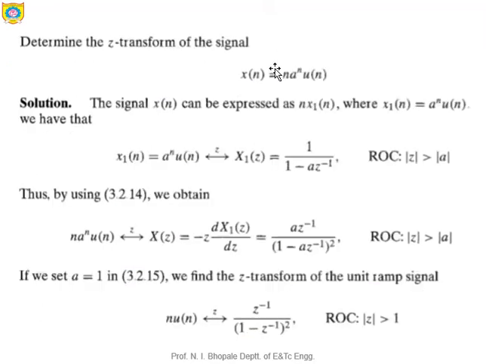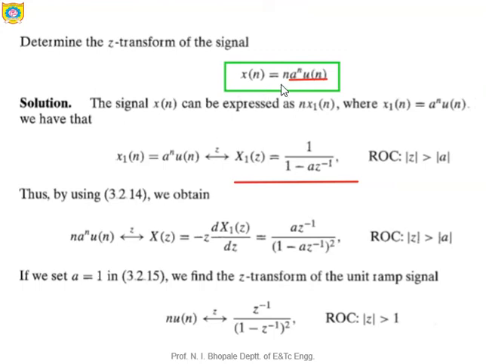Let's concentrate on the next example. This next example is concentrating on the z transform to be obtained for the case x of n is equal to n times a raised to n u of n. If you concentrate here, you will find that for this a raised to n u of n, its z transform is already known to us. Let's say it is x1 of z.